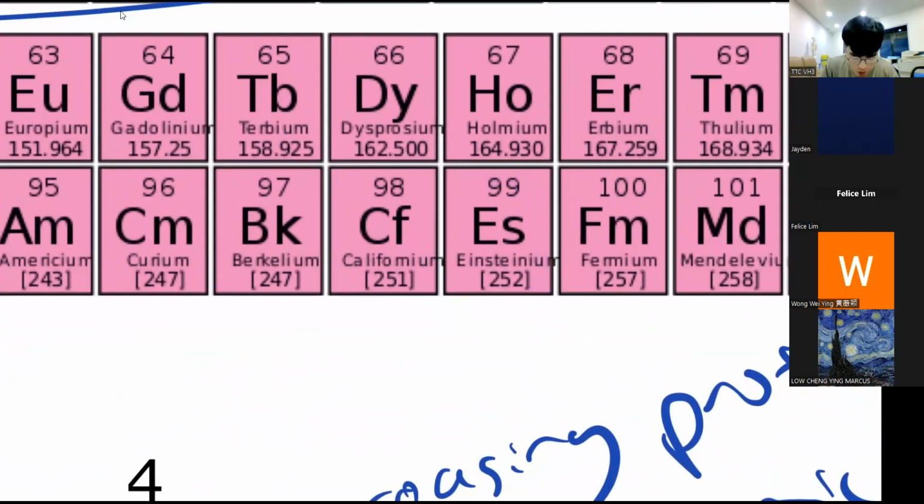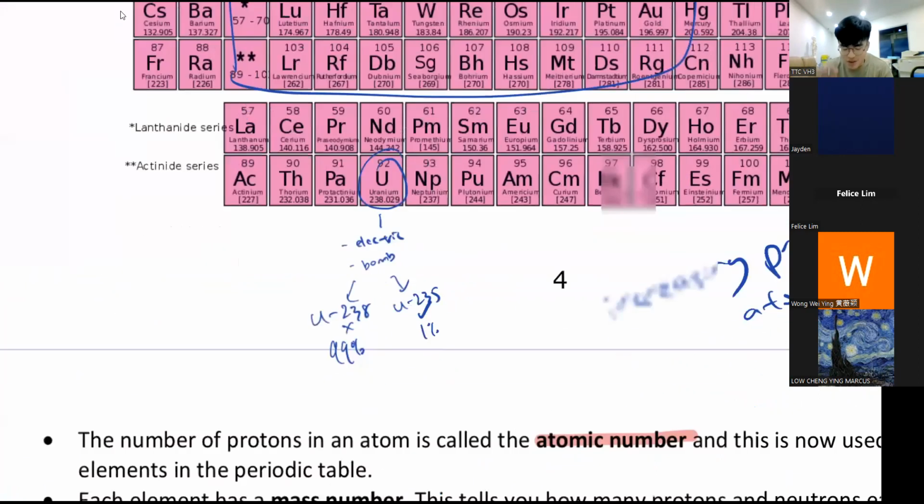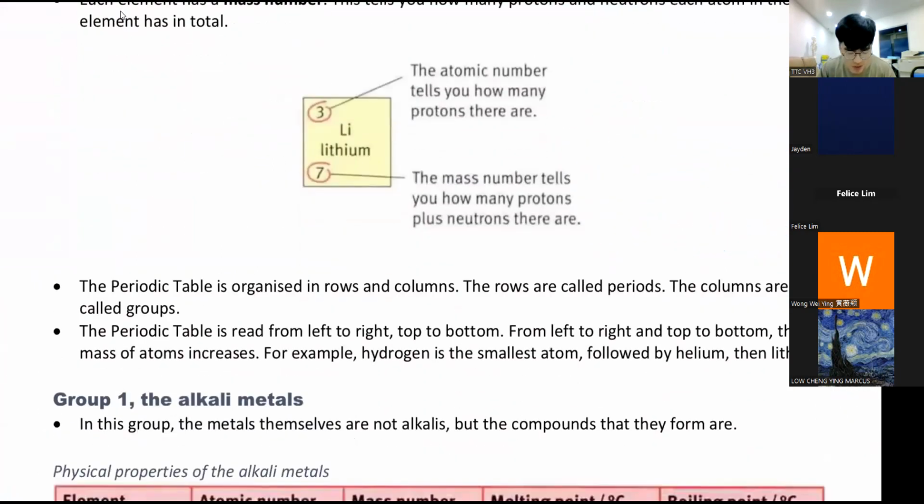And then there's Californium, and Curium, after Marie Curie. Don't ask me what these are. These are all radioactive stuff. We don't learn them because they're very exotic, very special, very hard to find.